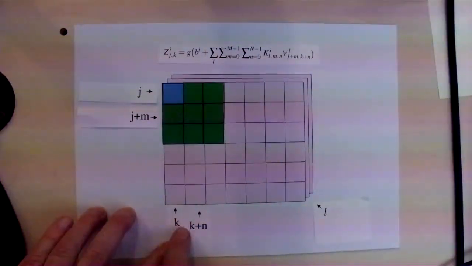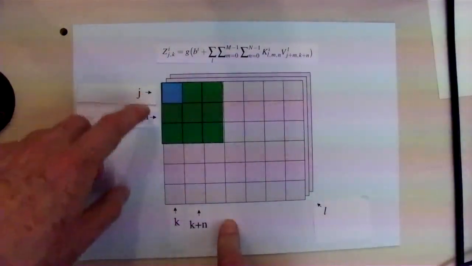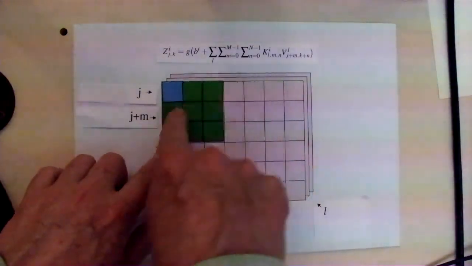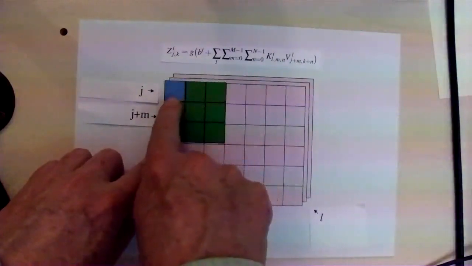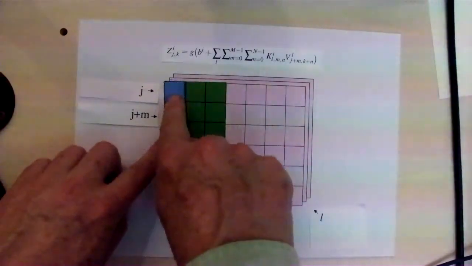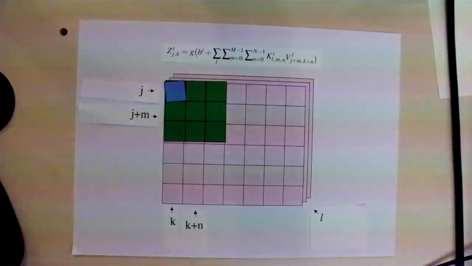N goes, in this case, from 0 to 2, and M also goes 0, 1 and 2. The weight for this value is different from the weight for this value. Each of these has a corresponding weight. So I've got 27 different weights that I'm using to calculate this activation. I have a bias as well, and then after I've computed that linear sum, I put it through the activation function.